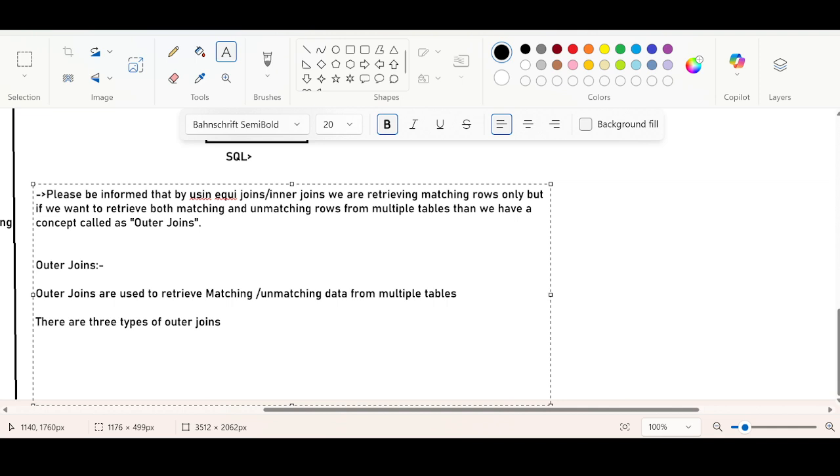The first one is the left outer join. The second one is the right outer join.